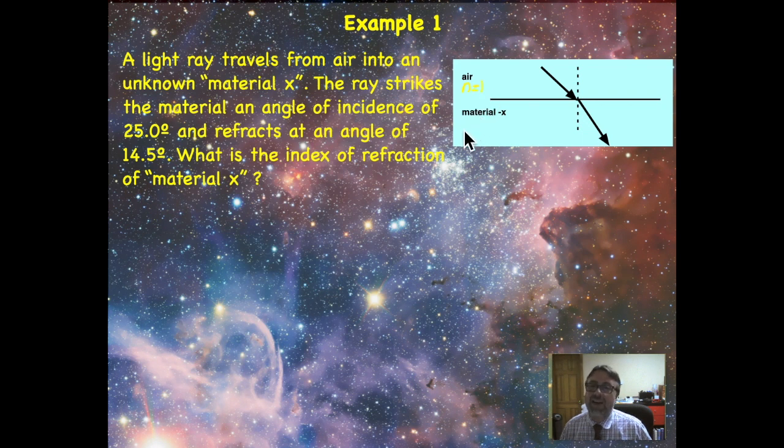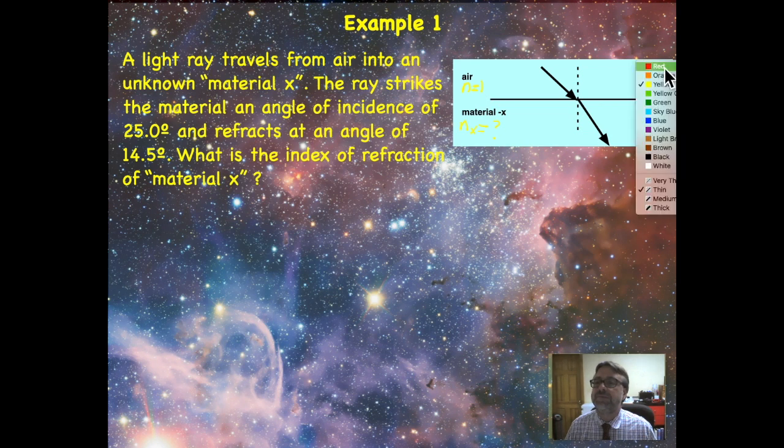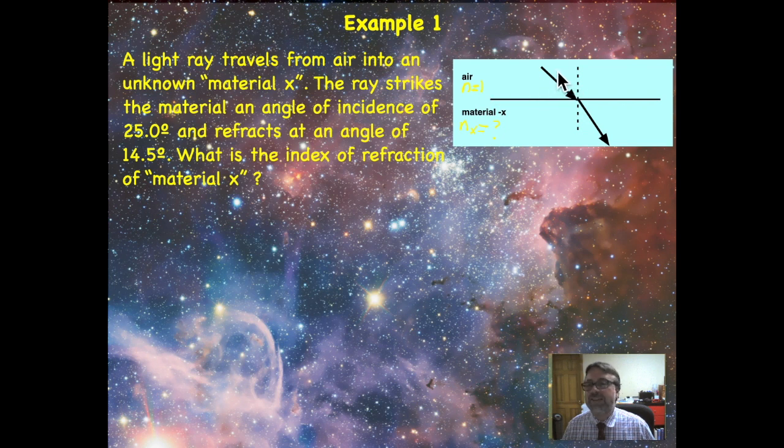And here I do not know what the index is in material X. I do know that the incident angle is 25 degrees. And I know the angle on the refractive side is 14.5 degrees.